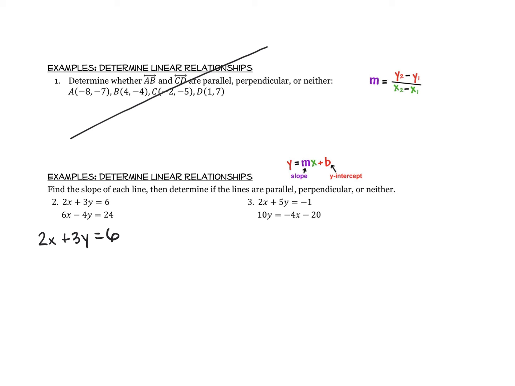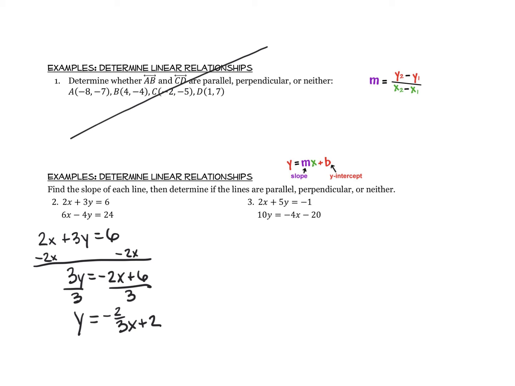I want to isolate y, so I need to subtract 2x from both sides. I get 3y equals -2x plus 6. And I divide by 3 on both sides, and I get y equals -2/3 x plus 2. So the main goal is to isolate y.